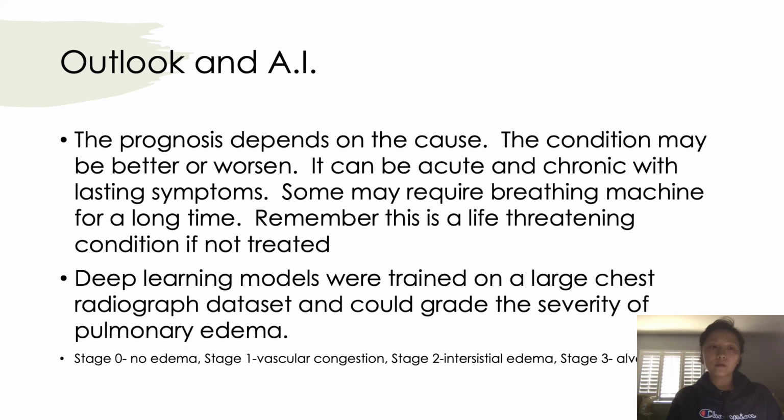These AI models grade the different stages of edema so they can diagnose it correctly. This is based on a large data set. Stage 0 would be no edema, stage 1 would be vascular congestion, stage 2 would be interstitial edema, and stage 3 would be alveolar edema.